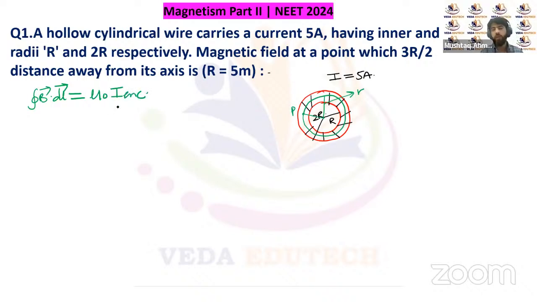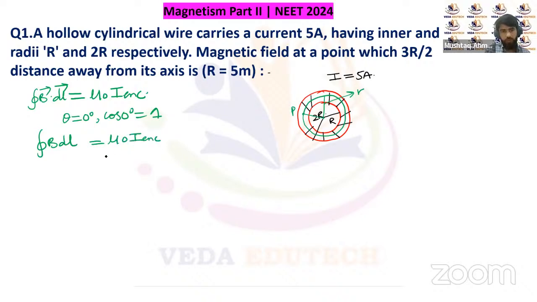Now, I enclosed will be the current enclosed by this Amperian loop, right? We know at each and every point on the Amperian loop, the magnetic field is constant in magnitude, and the direction of the B vector and the dl vector is the same. So the angle between them is 0, theta is equal to 0 degrees, and cos of 0 will be equal to 1, right? So we're left with integral of B dl only, which is equal to mu naught I enclosed.